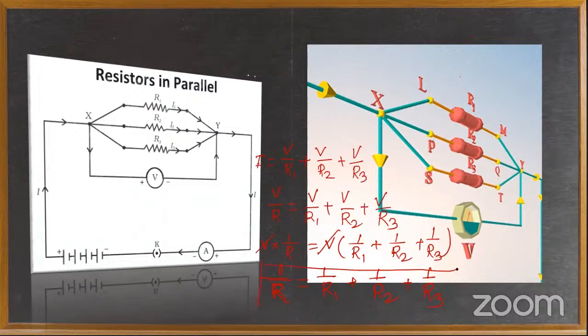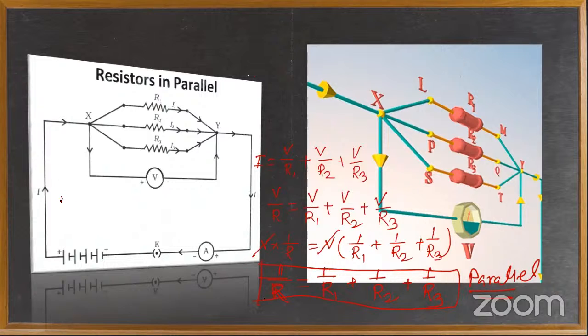So this is my equation for resistors in parallel. This is my equation for the resistance in parallel.